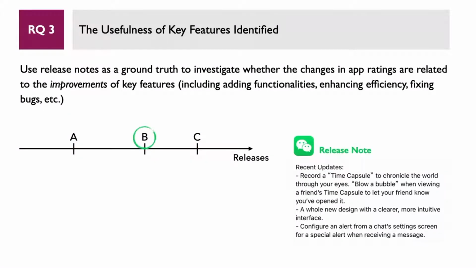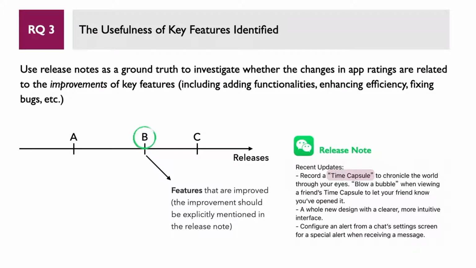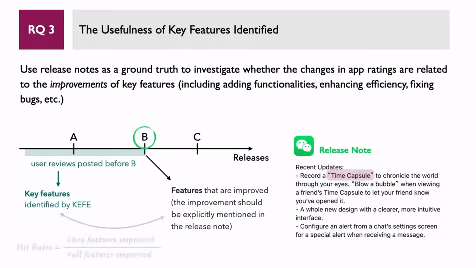Then, for each subject release, we manually analyzed its release note to determine the set of features that are improved. We then applied the KEFE approach based on user reviews received before this release to identify key features. As such, by comparing the key features against the features improved, we can calculate the hit ratio of key features.